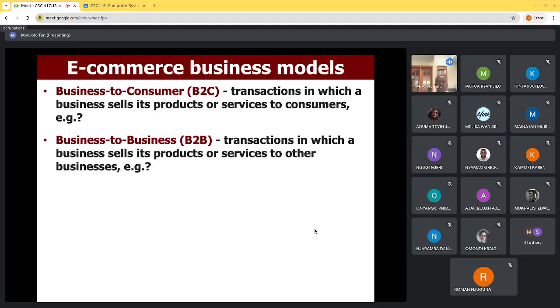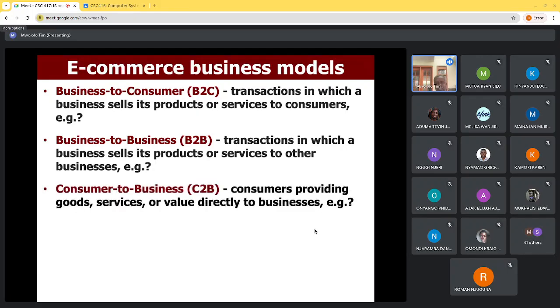So as you establish your global e-business, you have to determine, do I want to deal with consumers directly, or do I want to deal with businesses which in turn deal with consumers or customers directly? Which model do you want to adopt?